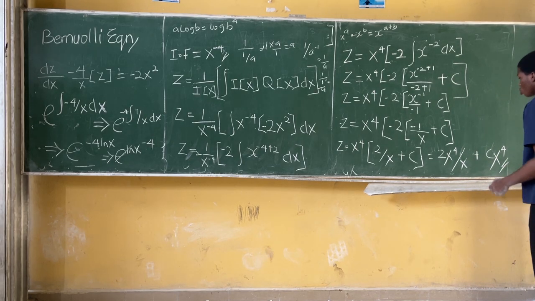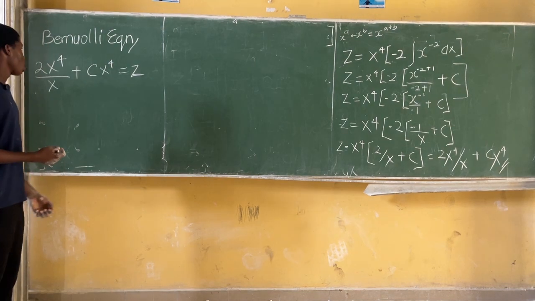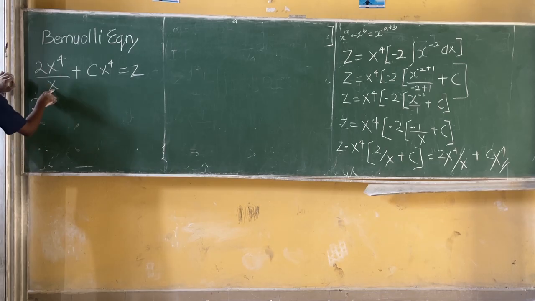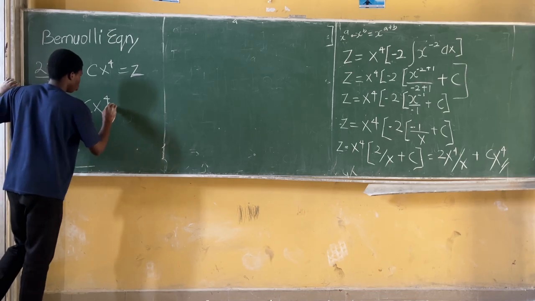So let's further simplify this. This cancels out, and it is going to be 2x raised to power 3 plus c x raised to power 4 is equal to z.